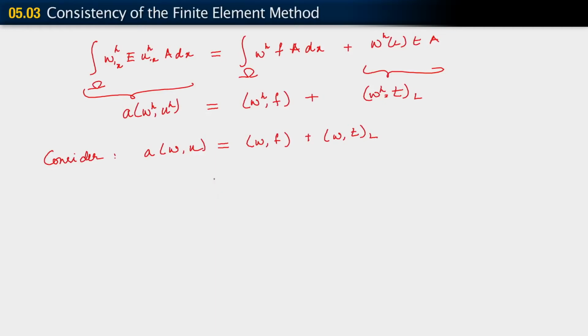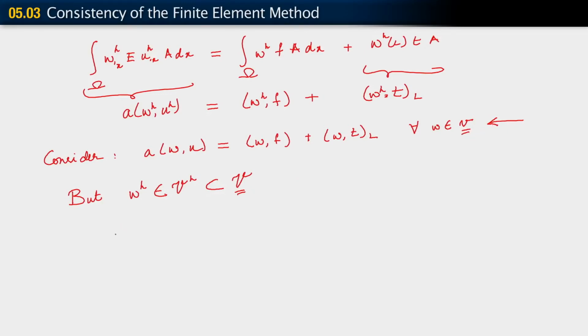We say that this weak form holds for all w belonging to V. But then also recall that w h, which is our finite dimensional weighting function, belongs to V h, which is a subset of V. What this says is that when we say the infinite dimensional weak form must hold for all w belonging to V, it also holds for finite dimensional weighting functions, because finite dimensional weighting functions also belong to the same space.